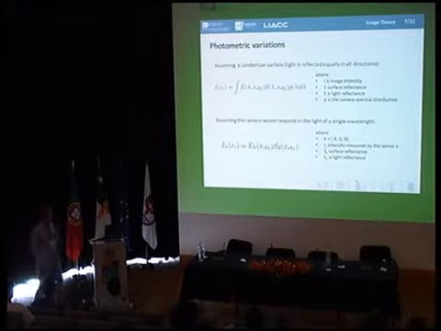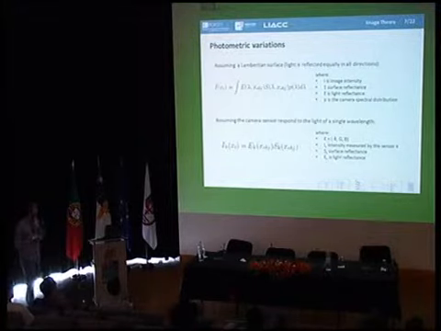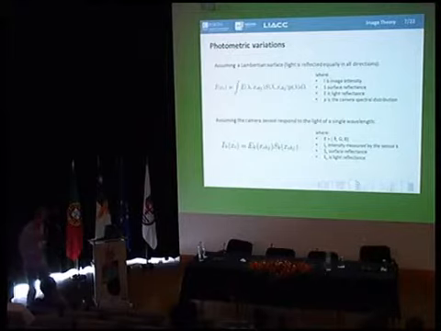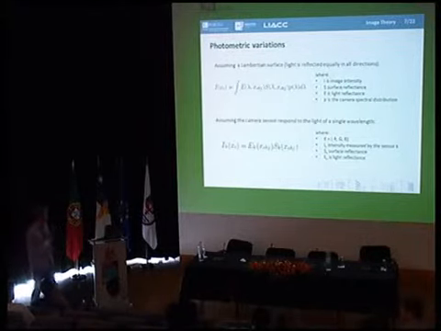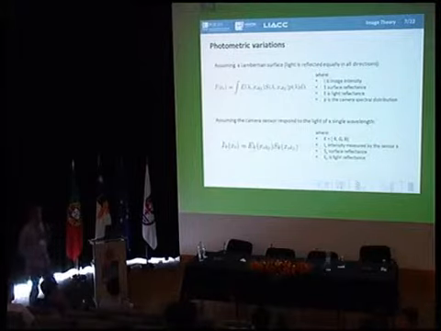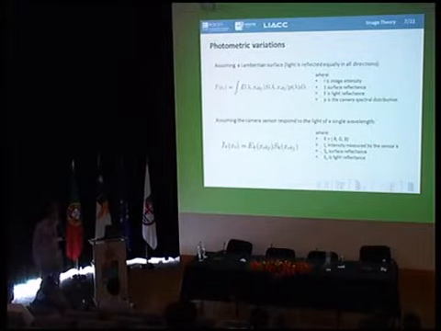If, however, I assume that the camera sensor responds to light of a single wavelength, I can simplify the computation of this integral through the following relation, which is a relation between the surface reflectance and the light reflectance.